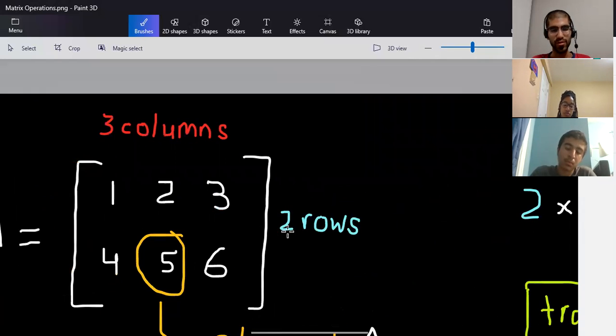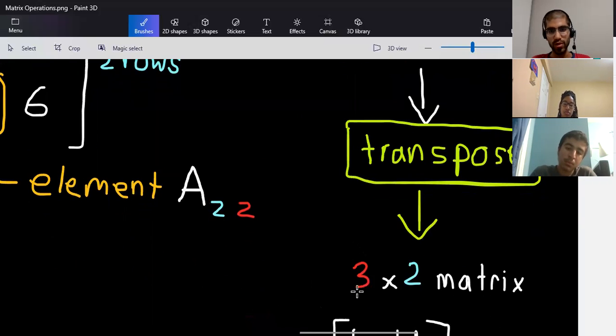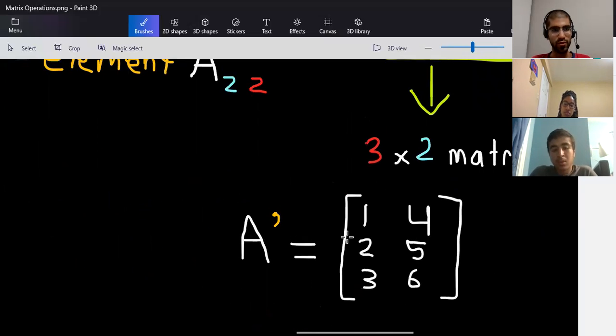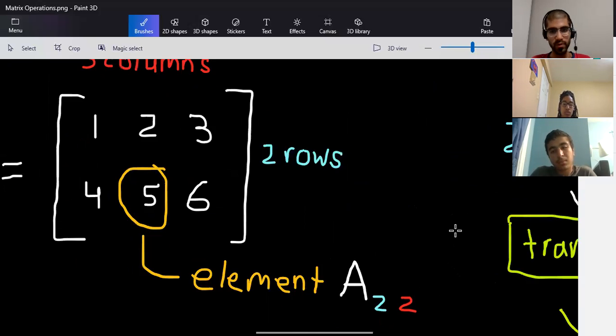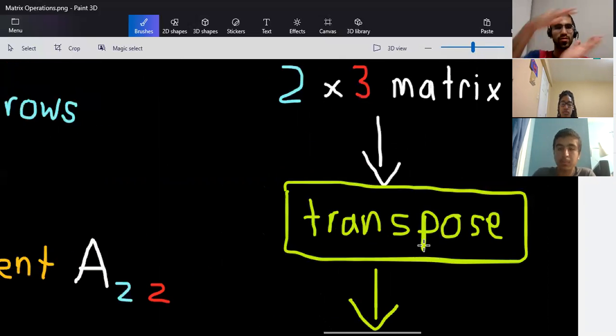So go from 2 rows, 3 columns here, to 3 rows, 2 columns here. And here's how it looks. Before we had 1, 2, 3 in the horizontal direction. Now you see we have 1, 2, 3 in the vertical direction. So it's literally like we had a matrix like this and we flipped it. So the transpose of a matrix is just you take the dimensions and you flip them.